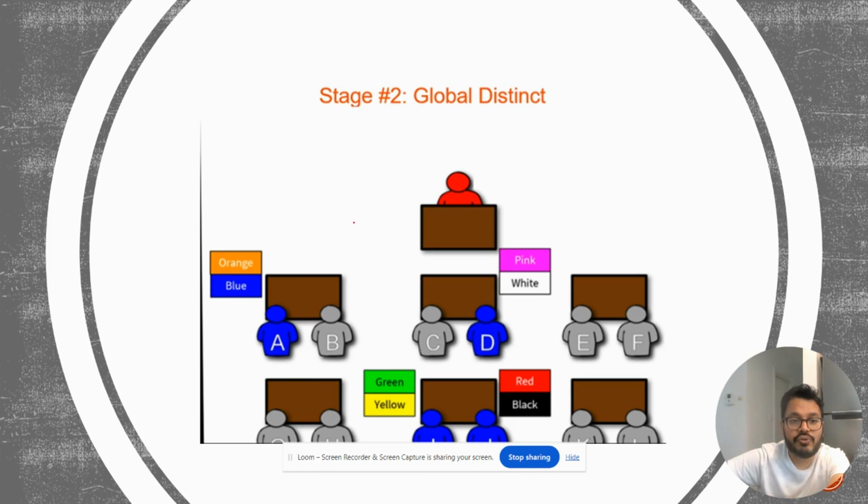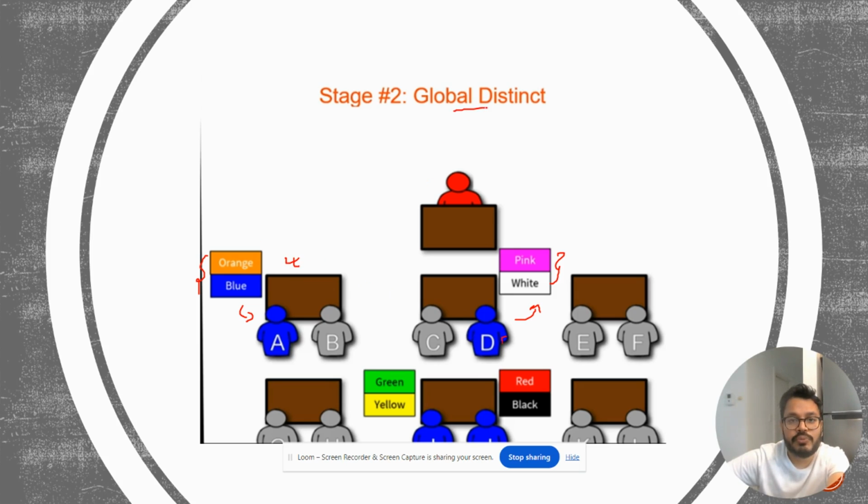On the global count, the shuffling happens, and your candies are distributed equally among all the executors. You can see here the orange and blue distinct candies are on A, and the distinct pink and white are on D. So it is equally shuffled and then distributed among your executors.